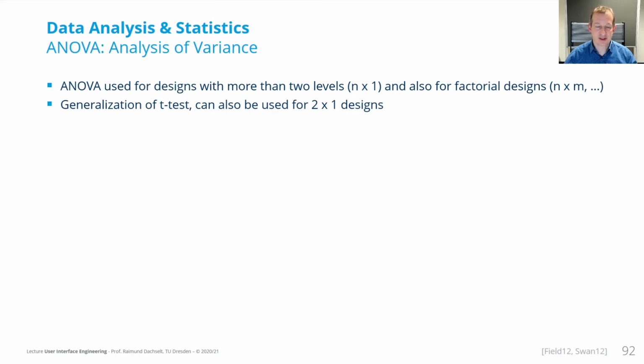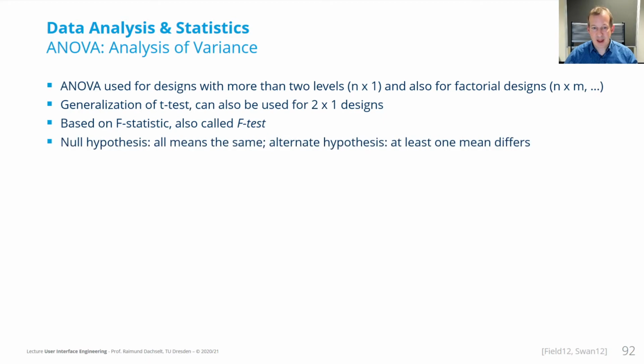In a way, it's a generalization, as I said, of the t-test, and therefore it can also be used for these 2-by-1 designs. The statistical foundation for that is called the f-statistics, or also f-test. As I said, I can really just scratch the surface, and I'm also not an expert. I'm rather pragmatically using these approaches for our studies.